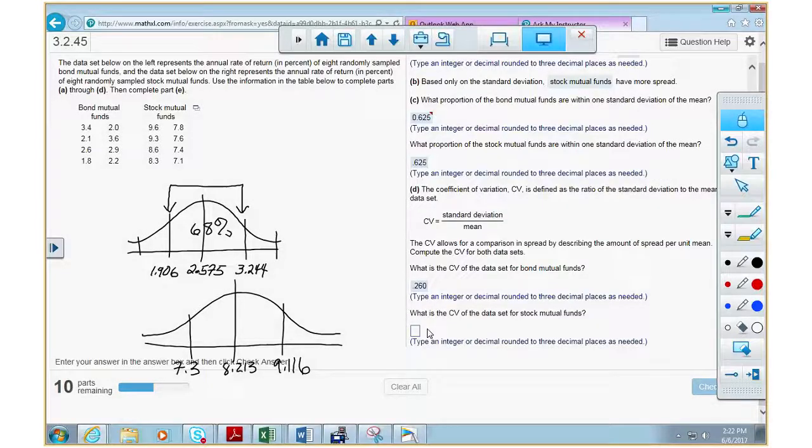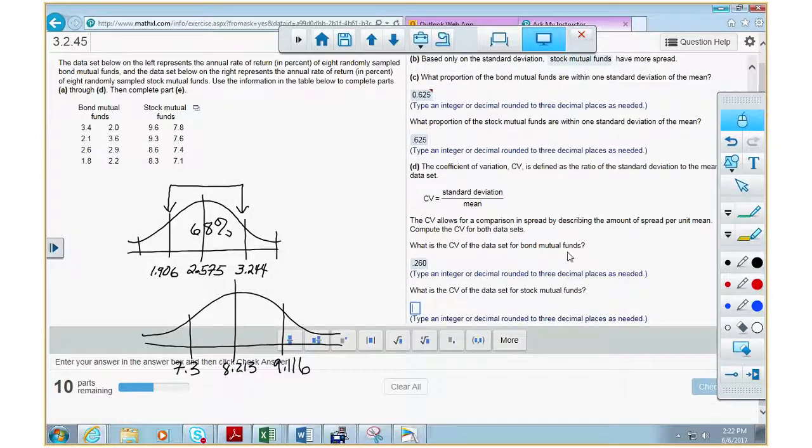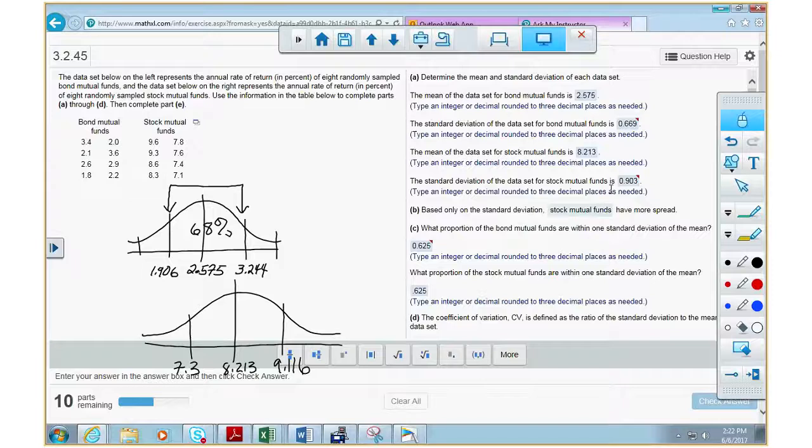And then the next one, do the stocks. Take the 0.903 divided by 8.213.